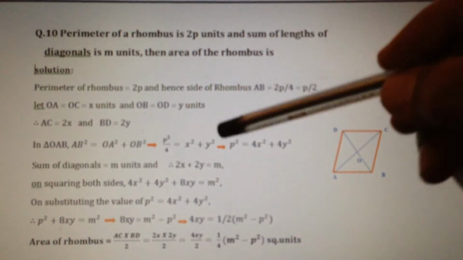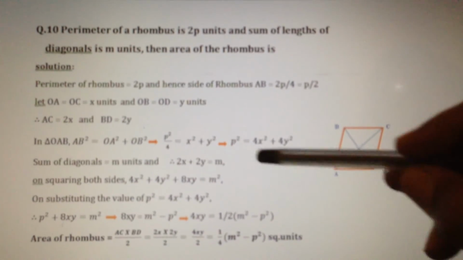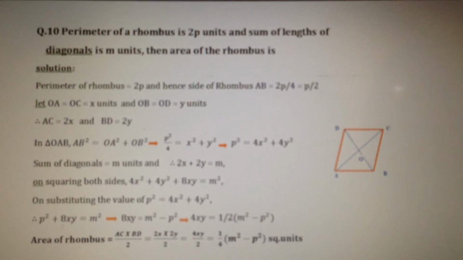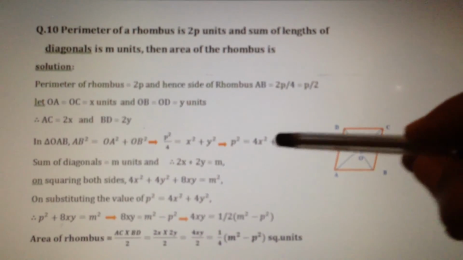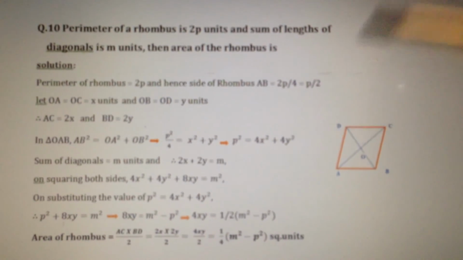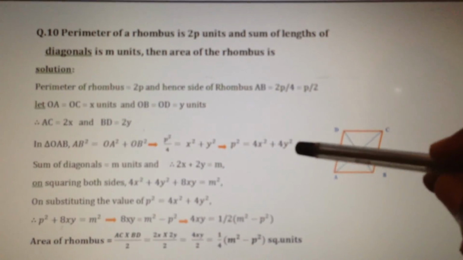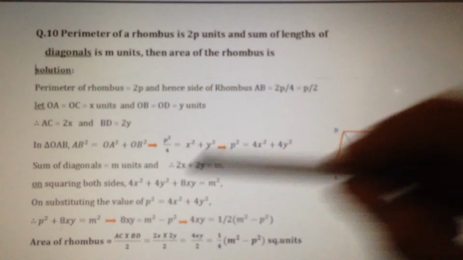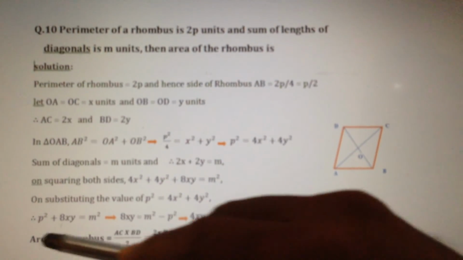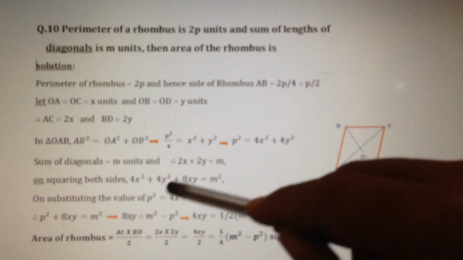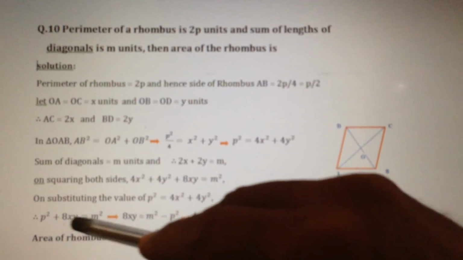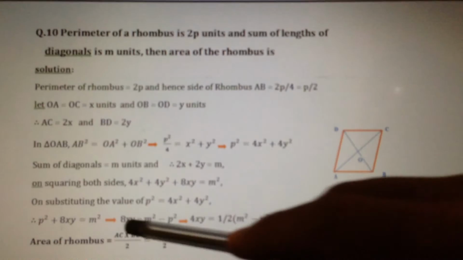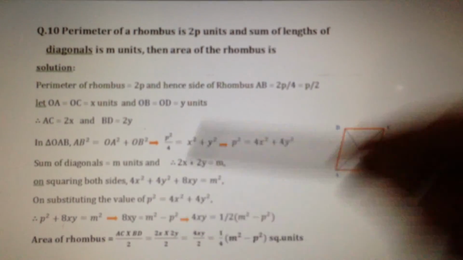Now on substituting the value of p square in this equation, p square is equal to 4x square plus 4y square. That we have already derived. Now let us substitute that value in this equation. Therefore, p square plus 8xy is equal to m square and 8xy is equal to m square minus p square.